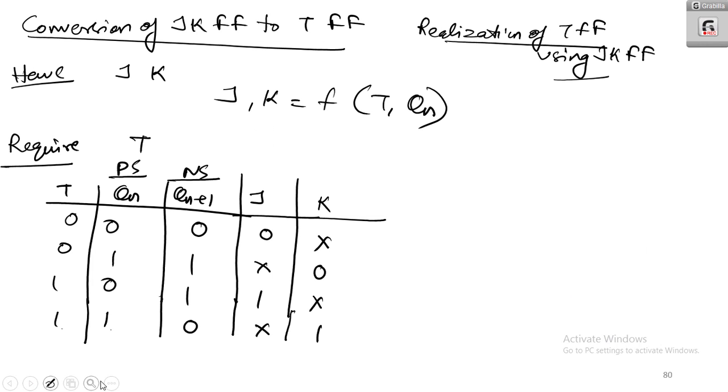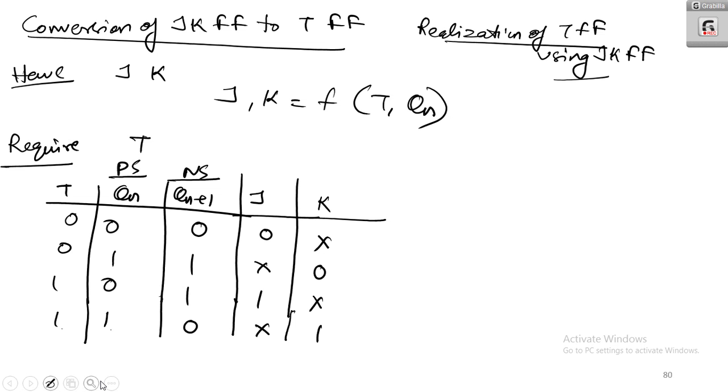0 to 1 is 1, don't care, and 1 to 1 is don't care, 0. So J is 0, don't care, 1, don't care, and K is don't care, 0, don't care, 1.